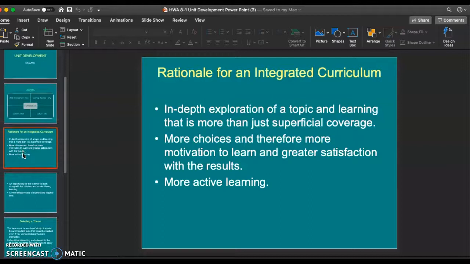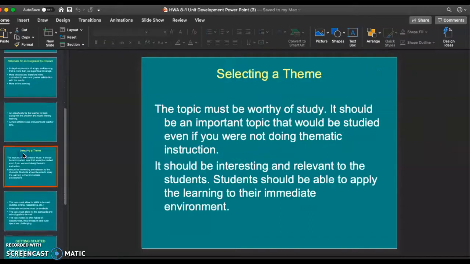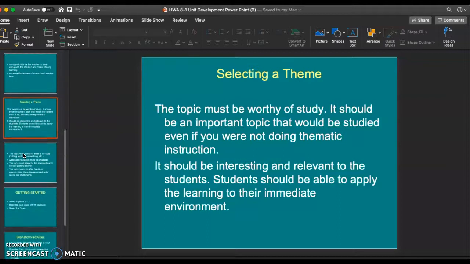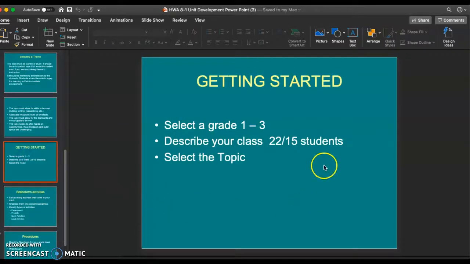Gives you the rationale for integrating curriculum, selecting a theme, and then it talks about how to get started on your unit. You're going to select a grade, first, second, or third. You're going to describe your class of 22 or 15 students, and you're going to select your topic.